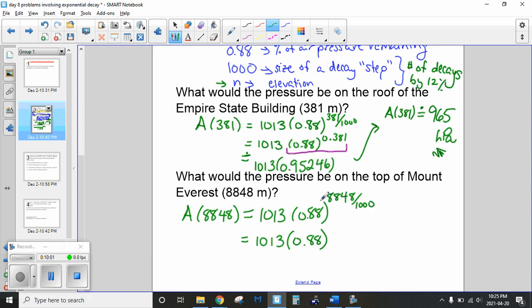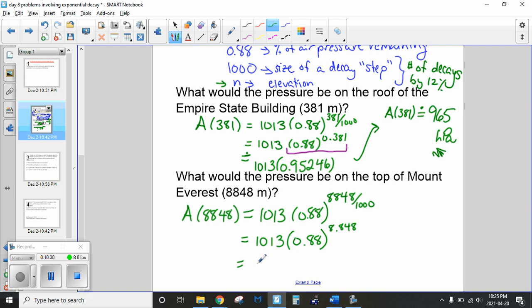Okay, so the new exponent, 8,848 divided by 1,000 is going to be 8.848. I'll explain in a second why my calculator was mad at me. But first I'll type this one in. 0.88 raised to the exponent 8.848.